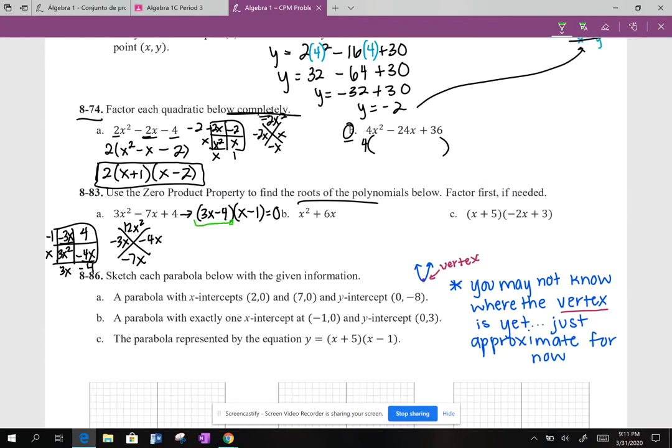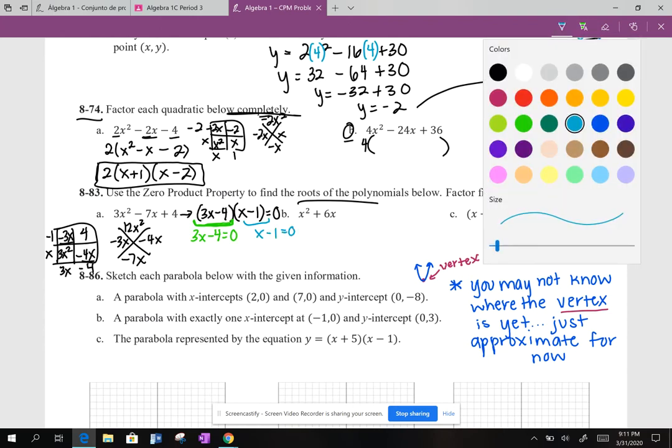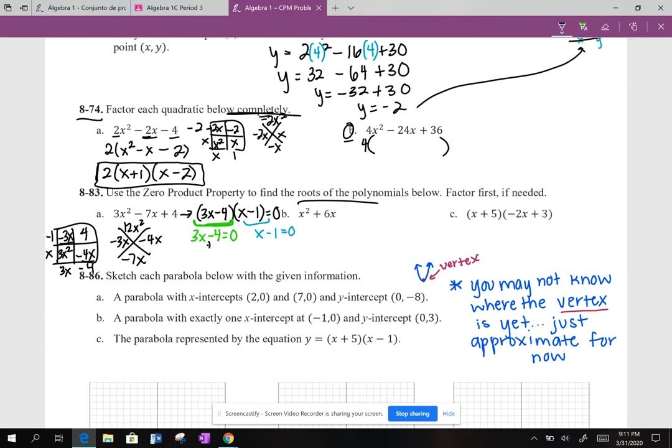as a whole, and then set each factor equal to 0. Okay, 3x minus 4 is equal to 0, and then x minus 1 is equal to 0. Solve for x. So plus 4 plus 4, 3x equals 4.